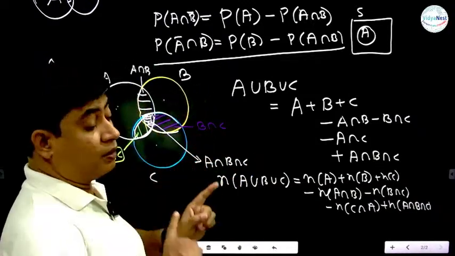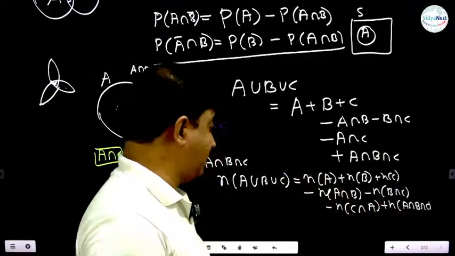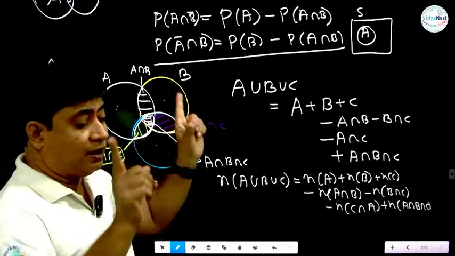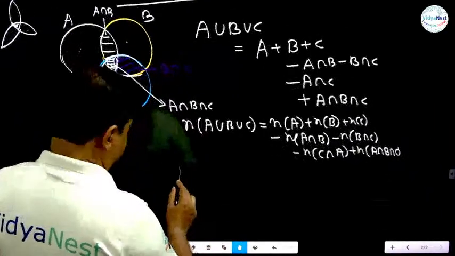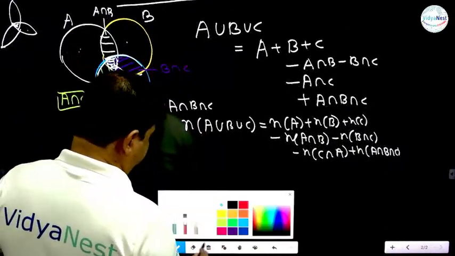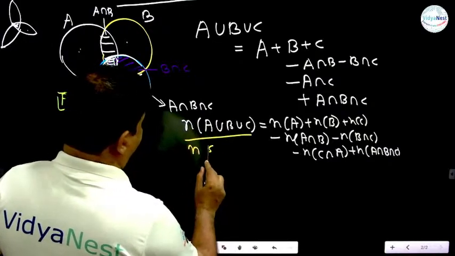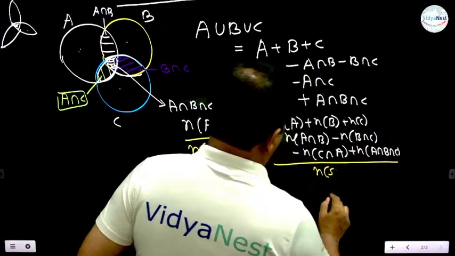Now, that is a relation of set theory you got. Now, how to convert it into probability? That is the favorable events. Now, all these favorable events are to be divided by the total events, that is NS. See, divide the left hand side by NS and the whole right hand side also by NS.